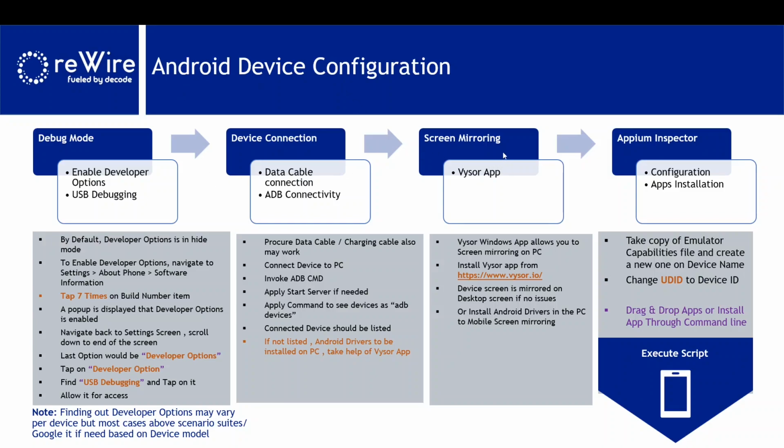Then screen mirroring. If you are working alone, you can see the device in front of you, but if you are giving a demo to a third person via online sharing, you need a utility so that your mobile is displayed on your screen and shown to your partner sitting at a different place.